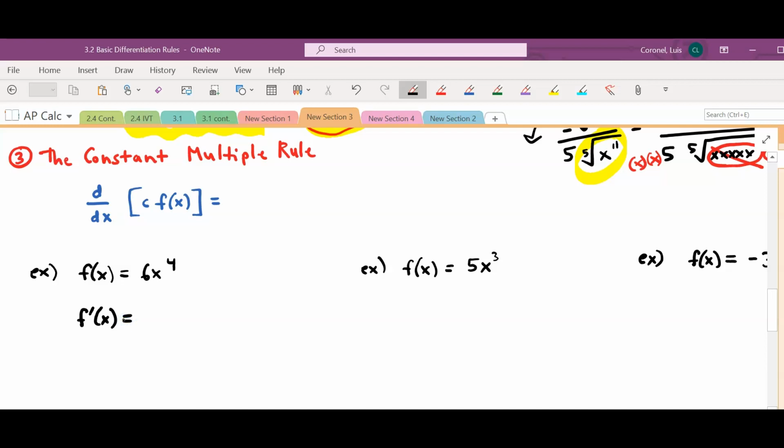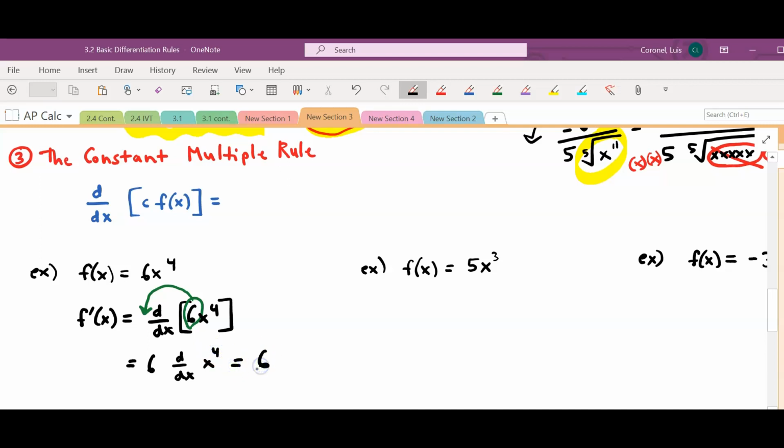Your function is 6x to the 4th power. But that number 6, you can deal with it later. The constant, you can move it to the front and just do the derivative of x to the 4th.